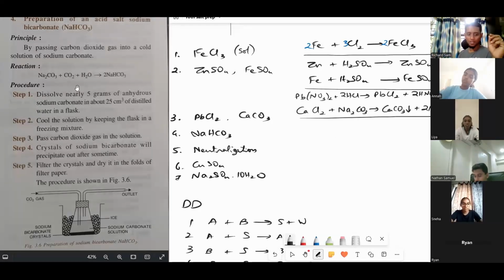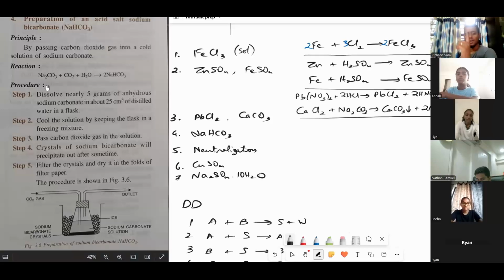Keep it cold. Then pass carbon dioxide gas through a tube right into that solution. When you pass carbon dioxide into the tube, the reaction takes place and you will get sodium bicarbonate. Sodium bicarbonate will precipitate at the bottom. Simple reaction.